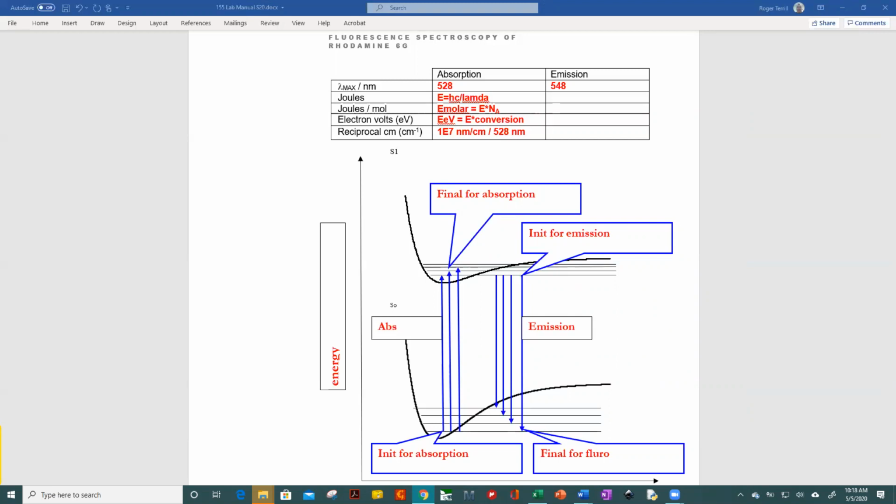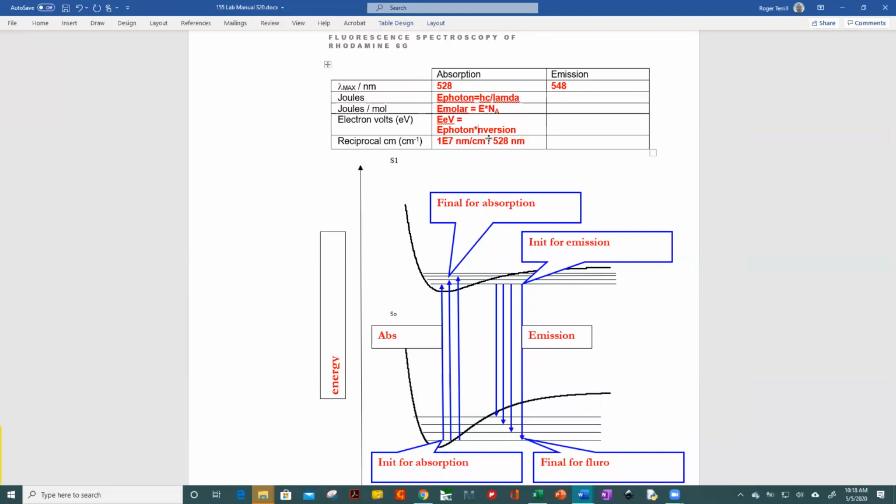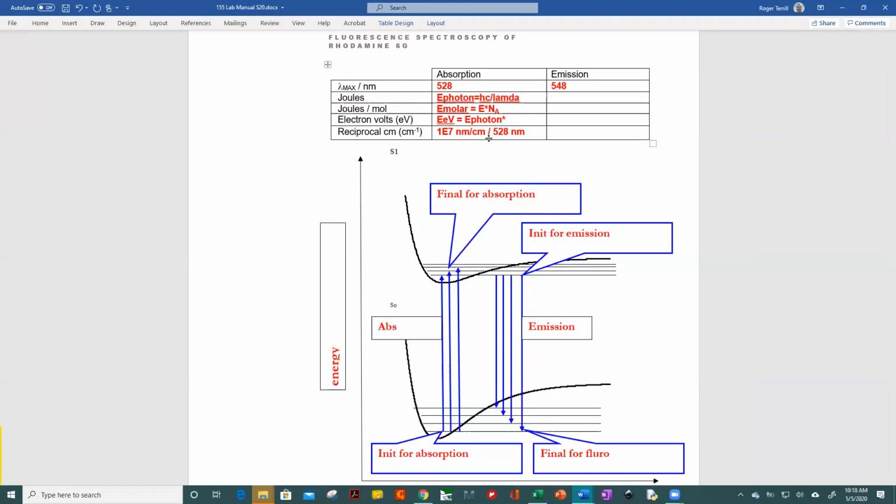So you use the particle, so you're going to use this value here, the energy per particle, or photon. And then the conversion is, like you say, 6.242 times 10 to the 18th.